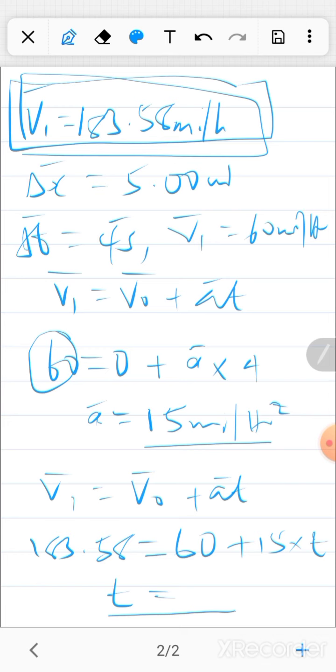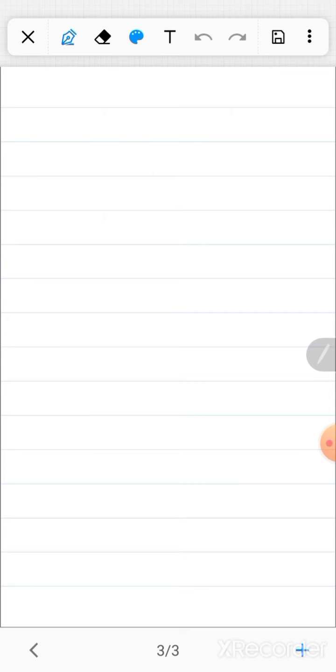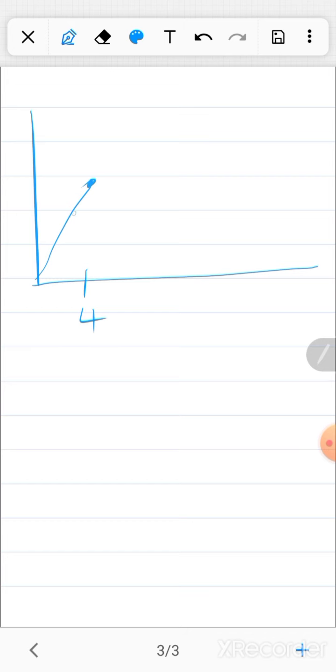So they tell us that the course was 5 miles long. So if the course was 5 miles long, you've figured out that it takes 4 seconds. Let me draw a graph here. It takes 4 seconds for him to get to 60, right?